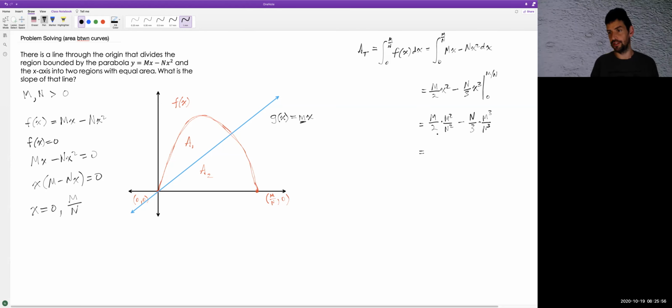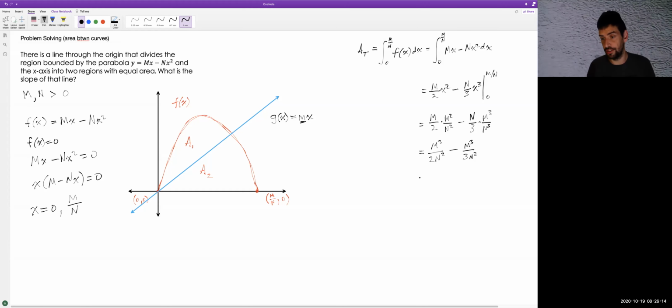So now let's simplify a little bit. This is pretty ugly. We've got m cubed over 2n squared minus m cubed over 3n squared. In other words, we have half of m cubed over n squared minus a third of m cubed over n squared, which means we have a sixth of m cubed over n squared.